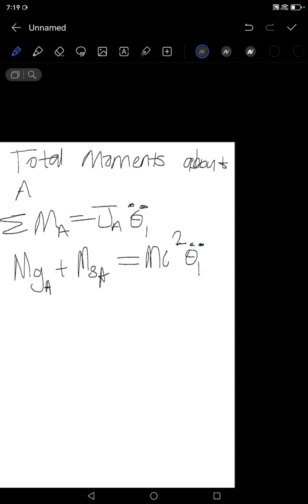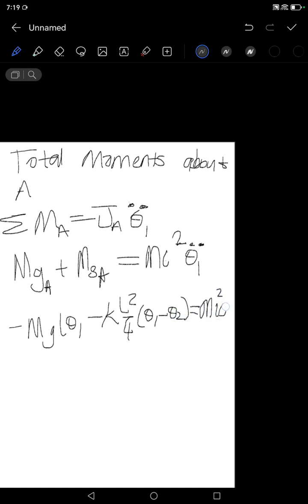The moment of gravity at A was negative mgl theta 1, and the moment of spring at A was negative kl squared over 4 into theta 1 minus theta 2, equals to ml squared theta 1 dot dot.